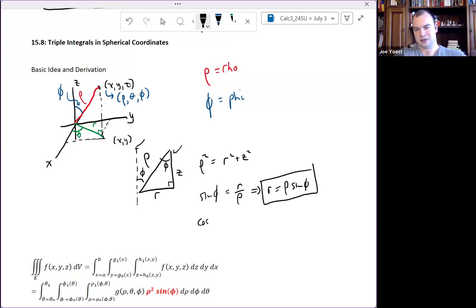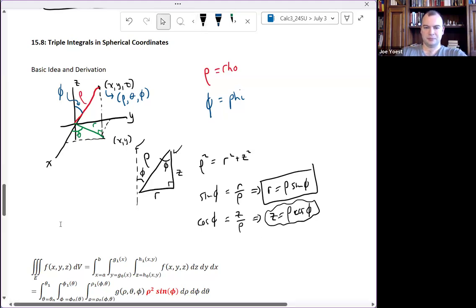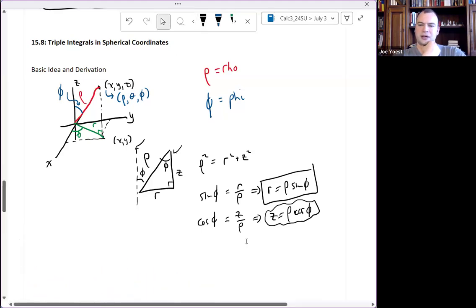I see that cos phi is z over rho, so z is rho cos phi. So I now know how to switch z into rho and phi.